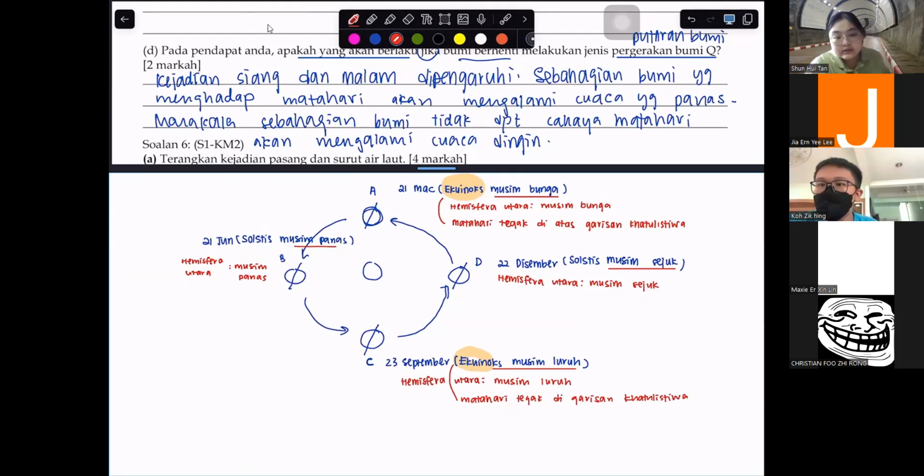Then khatulistiwa is the middle, the equator. So definitely you will have siang dan malam sama panjang. This is also equator, so they have the same effects.